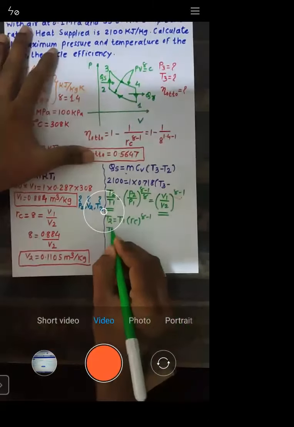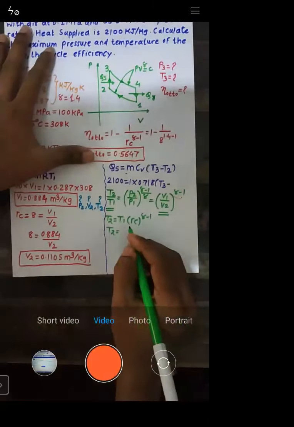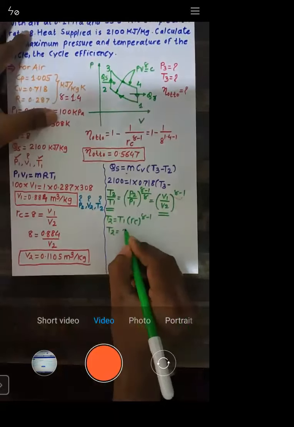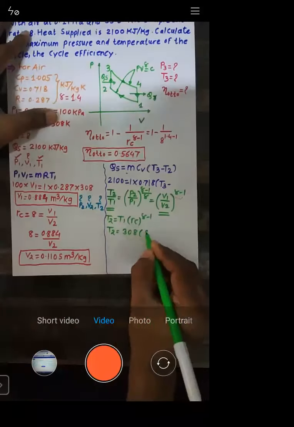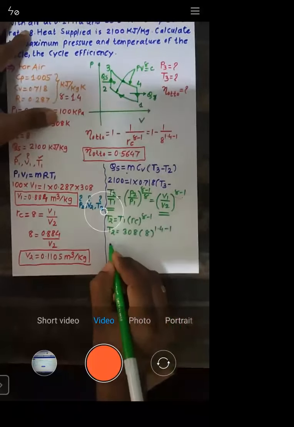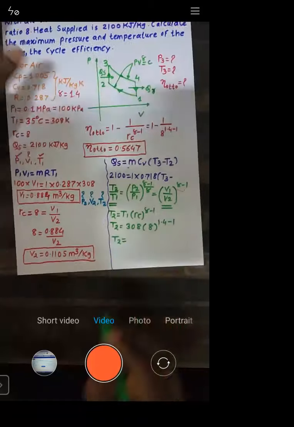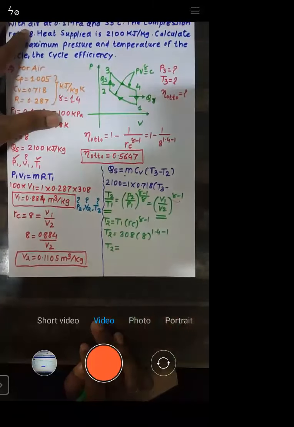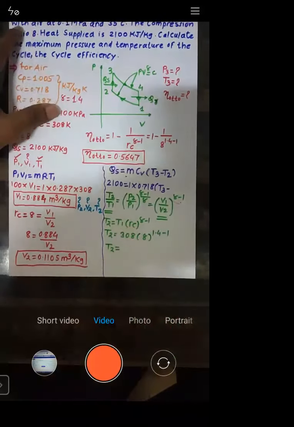What is the value of T1? T1 is 308, as mentioned. RC is given as 8. Gamma is 1.4, minus 1. Everything is known, so let us calculate T2.